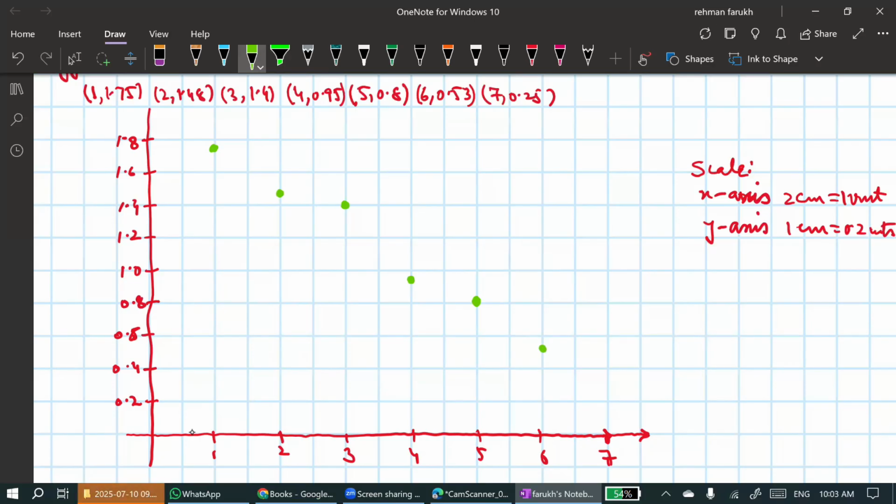And 7 and 0.25. Now we will join these values with the help of a straight line.